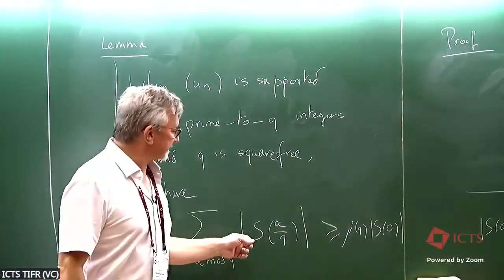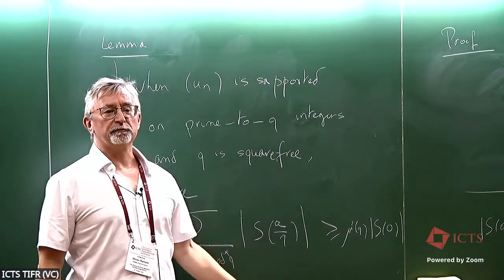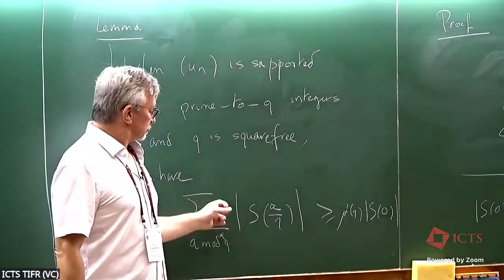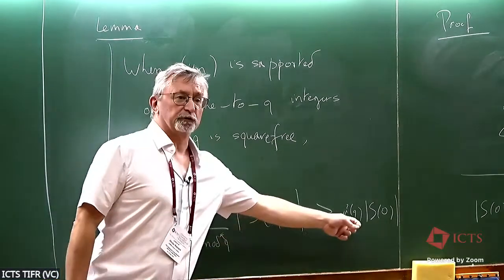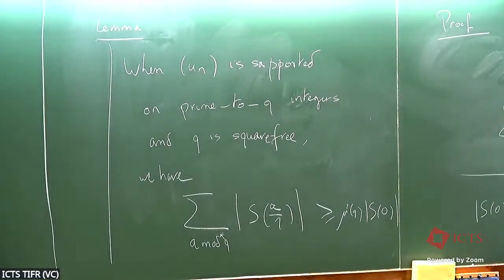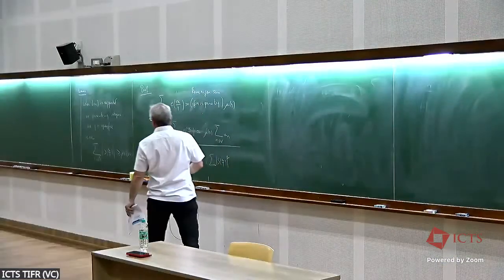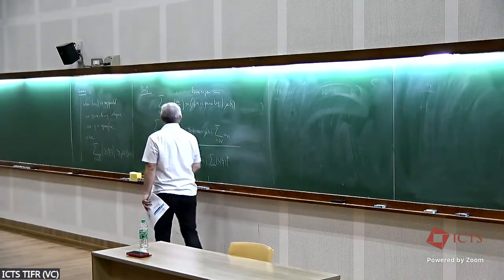Because we believe that SA by Q is S of naught divided by phi of Q. So if you have S of naught divided by phi of Q times, you have S of naught. That's going to be important. So we believe that we don't lose anything when we employ this part.